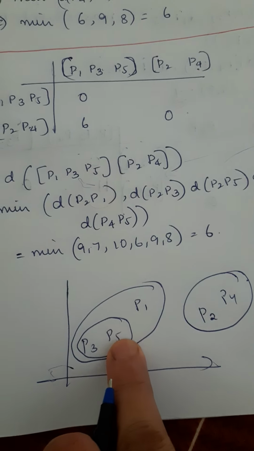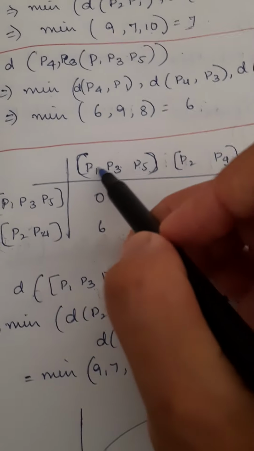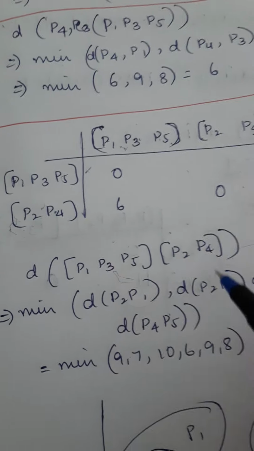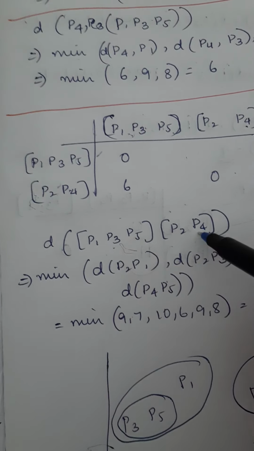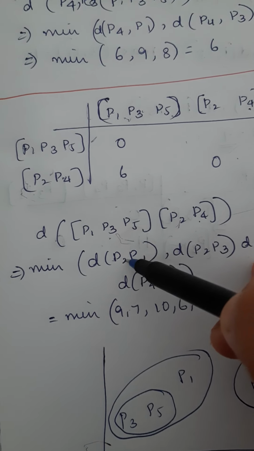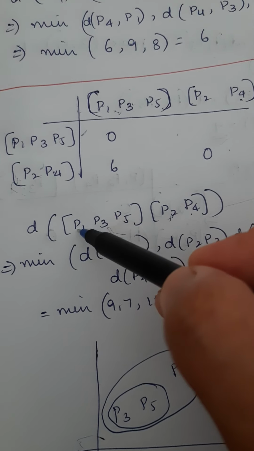P1, P3, P5 is one cluster. P2, P4 is the next cluster. So now again I have to find the minimum value between these. How will I find it now? Again the same process. Now you have two clusters. Since we are finding the distance between 2 points only, take every combination of this with every combination of this.